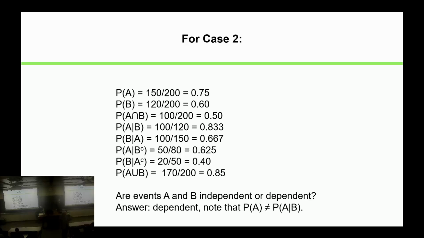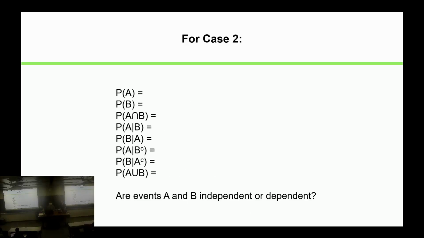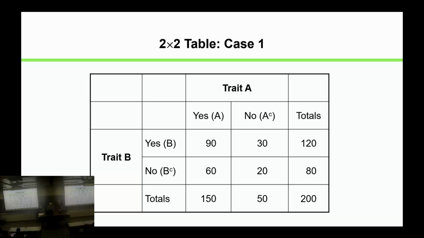Because there was only one configuration of numbers for those marginal totals where I would have independence, where the probability of A is equal to the probability of A given B, for example. And those had to be exactly the numbers. I'll just flash back one, back to this table.